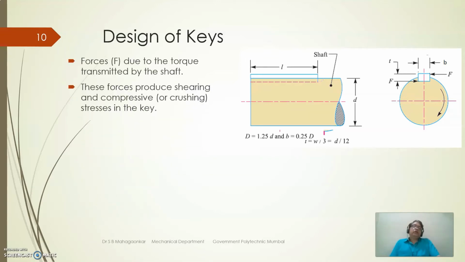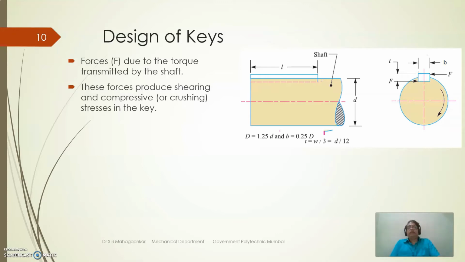So now what is torque? Torque is nothing but tangential force times the radial distance. We can find the torque MT by using the power and the RPM, P into 60 upon 2 pi.